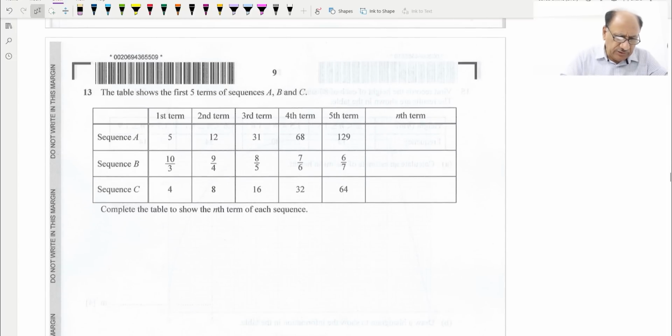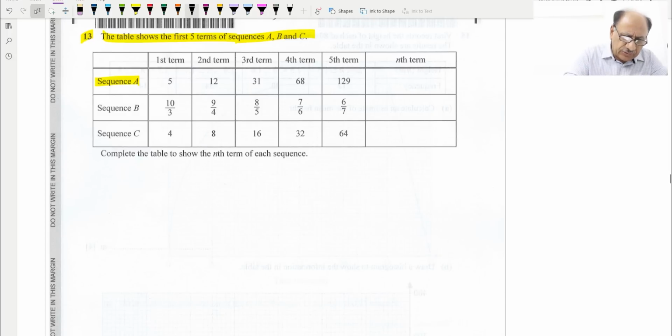Question number 13, this one is sequences they have given. The table shows the first 5 terms of sequences A, B, C, and for sequence A, they have provided this, which is 5 and 12, then 31, 68, and 129, and so on.